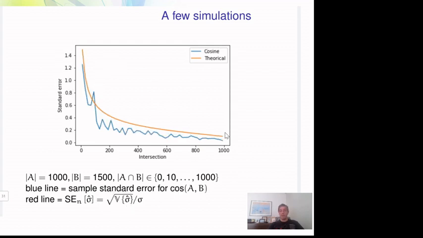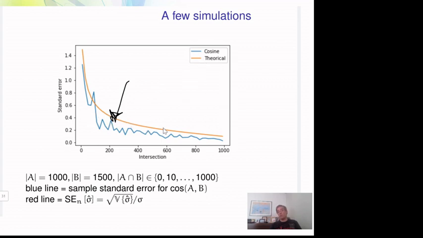And this is a bit amazing because if we apply the same thing for this estimator, which is not proved to be an unbiased estimator of the cosine similarity, we don't know what the standard error is for this similarity measure.